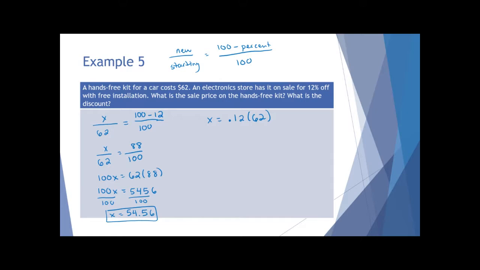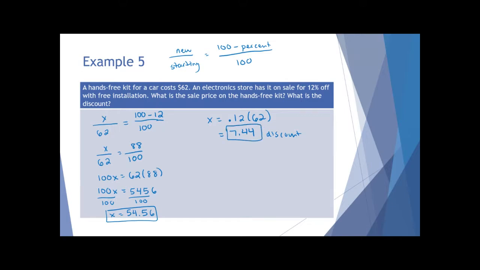Here we just want to know how much was removed or how much was subtracted. So we want to know what 12% of the 62 is. So that gives you $7.44. So that is the discount. You saved yourself almost $7.50.